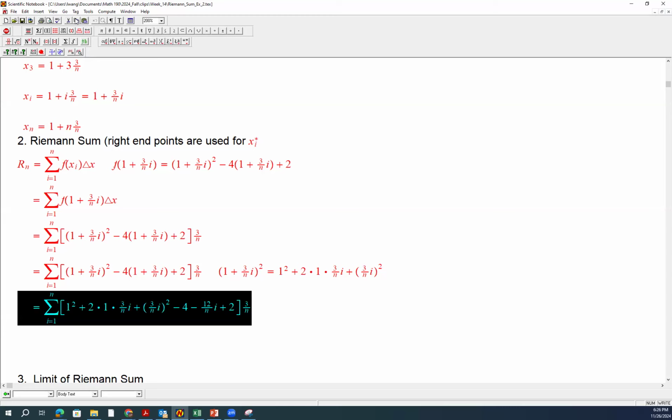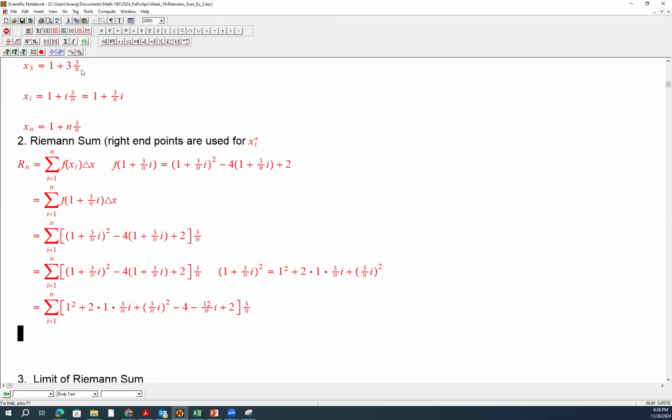And next, inside the bracket, we are going to combine like terms. 1 squared is 1, and this is 2 times 3, which is 6. Over here we got a 1 and a minus 4, so that's minus 3.